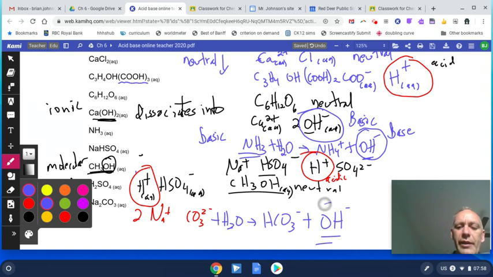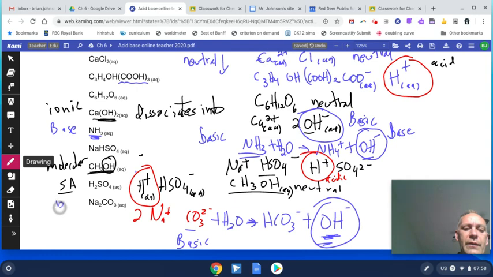OMG, another base. So carbonate ions are basic because they too can react with water to make OH minus, the same as NH3 is a base that can react with water to make hydroxide ions.